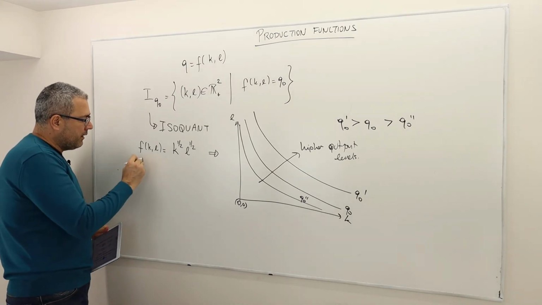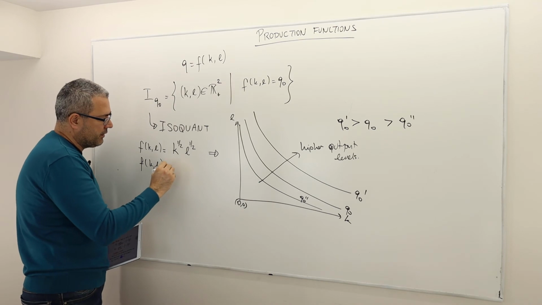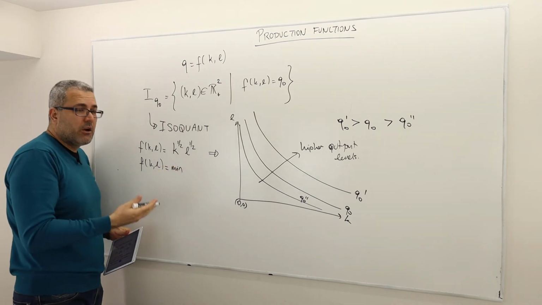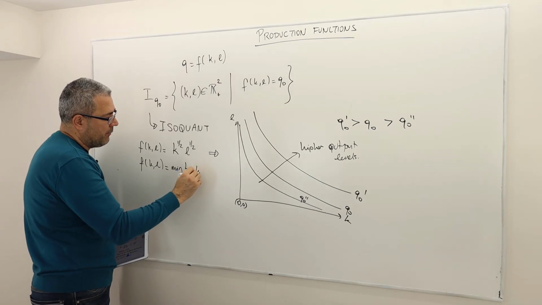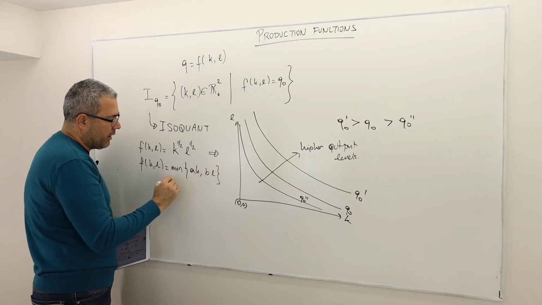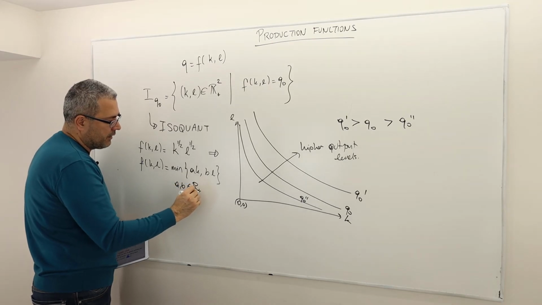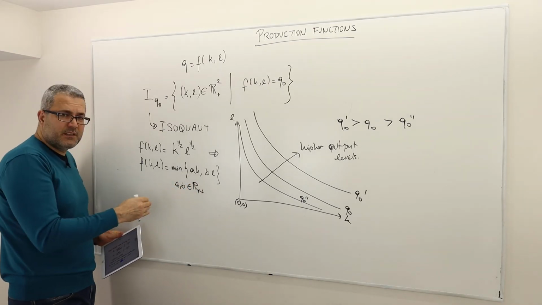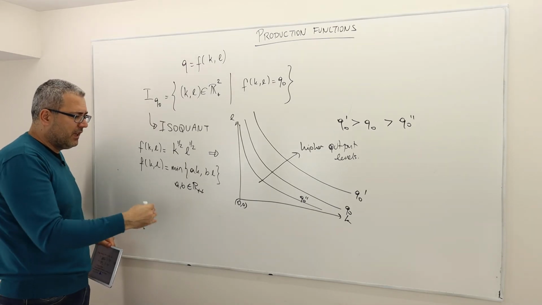We are later going to use, for example, the production function that we call Leontief, the minimum of A K and B L, where A and B are some positive real numbers. This time the shape is going to be very much like the indifference curve's L shape.